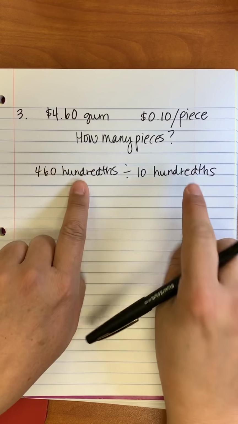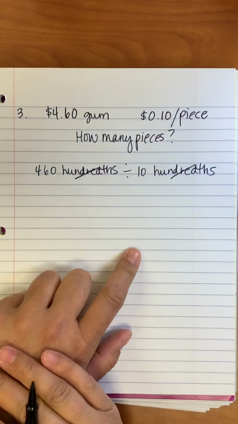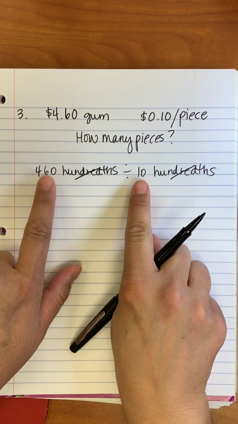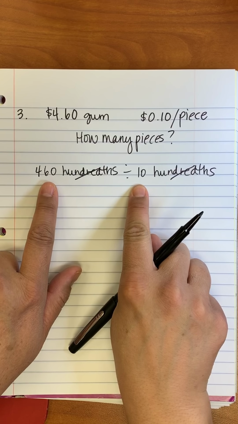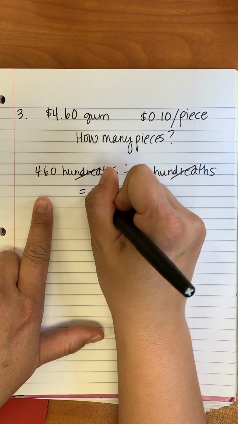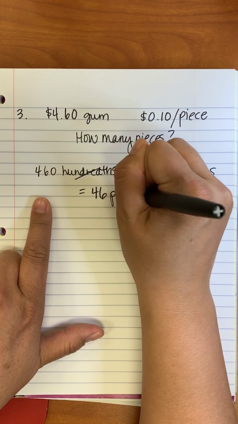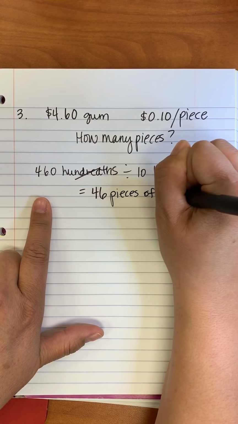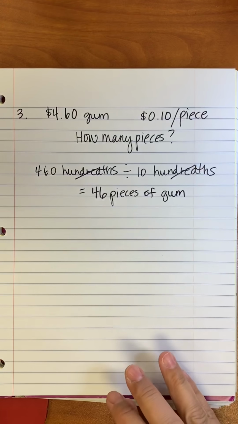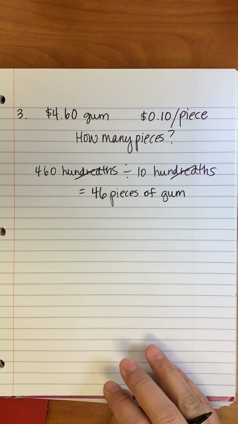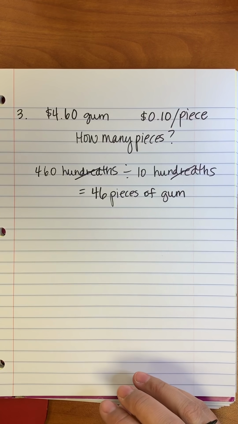And like we said, hundredths divided by hundredths, we could cancel that out. You've got 460 divided by 10 gives us 46 pieces of gum that hopefully Young will share with his friends.